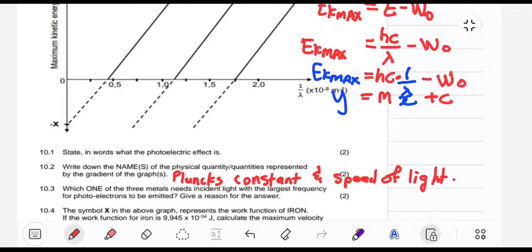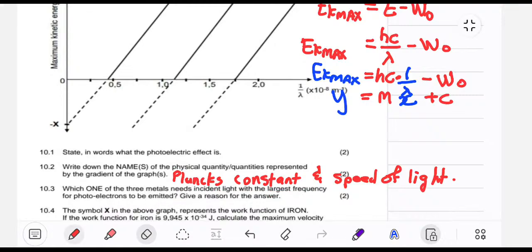Which one of the 3 metals needs incident light with the largest frequency for photoelectrons to be emitted? Give a reason for the answer. So what is the question actually asking us?